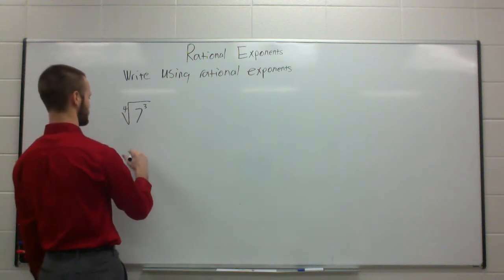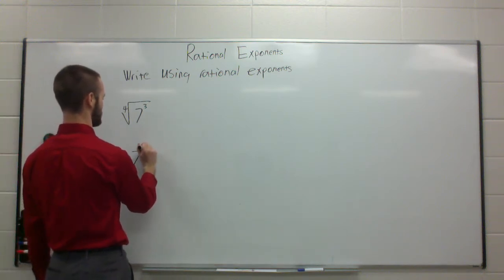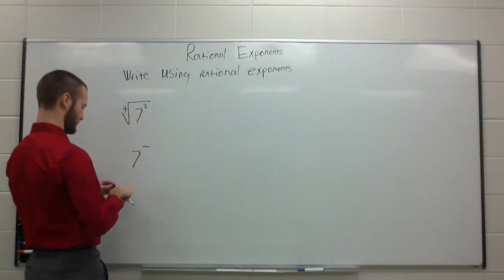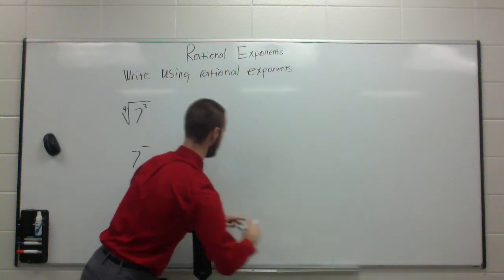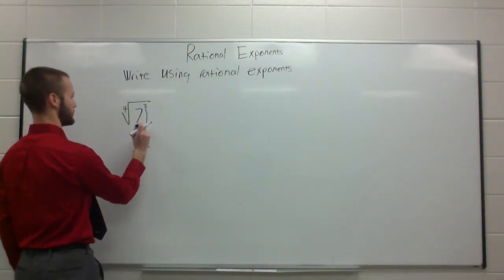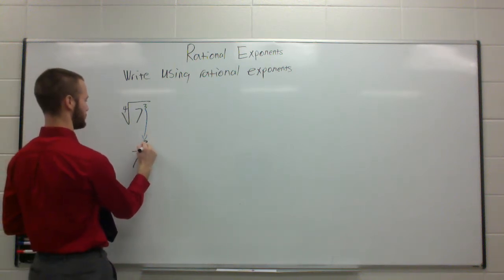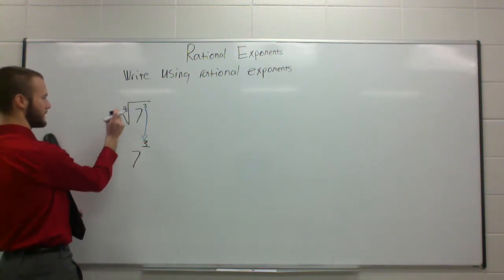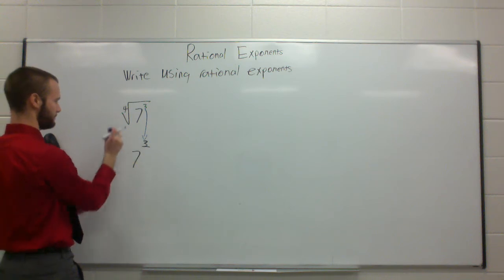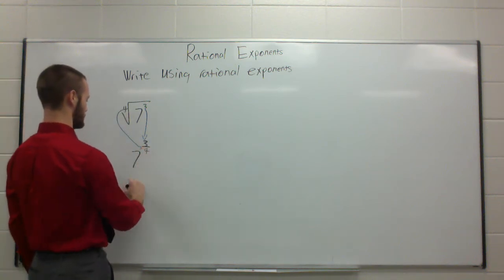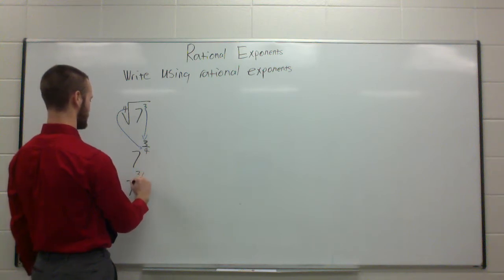It's going to be 7. I have my fraction here. The exponent is the numerator. I'll draw an arrow. Exponent is the numerator. And the index here is the denominator. So this is the same as 7 to the 3/4 power.